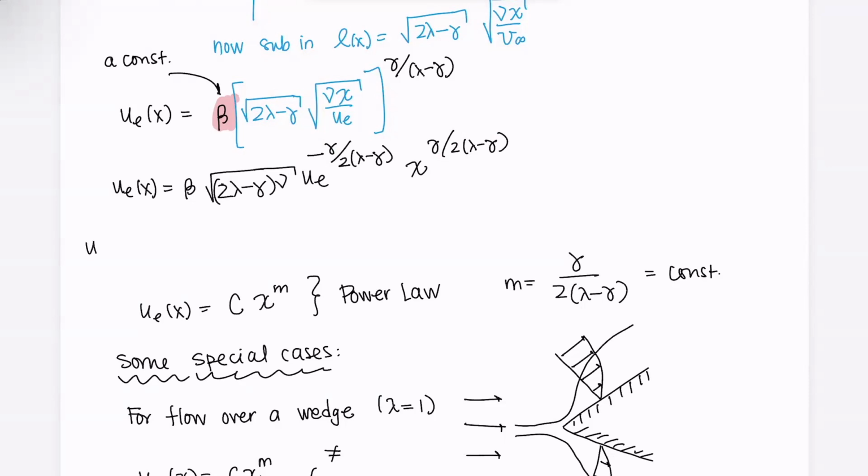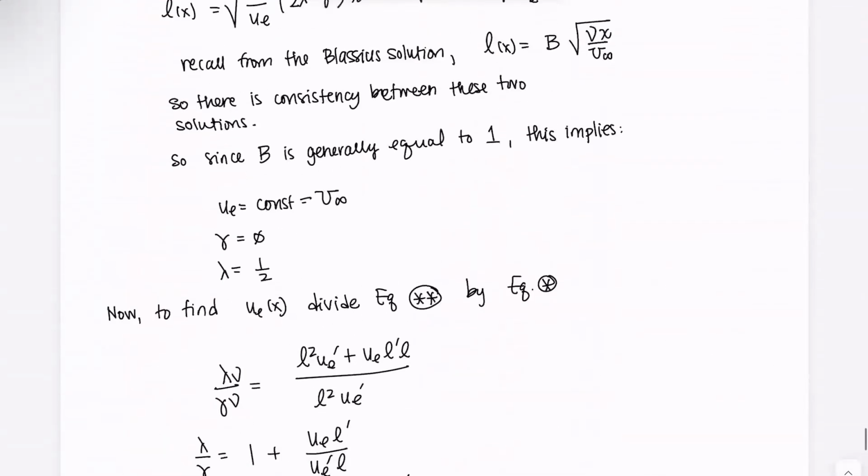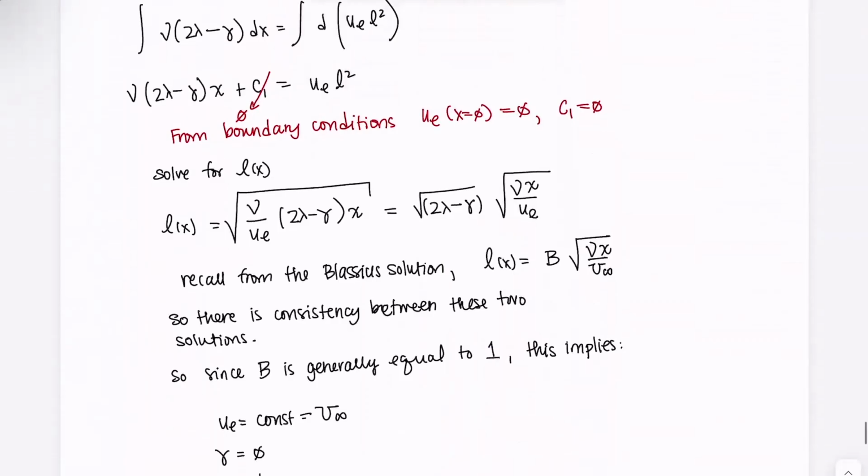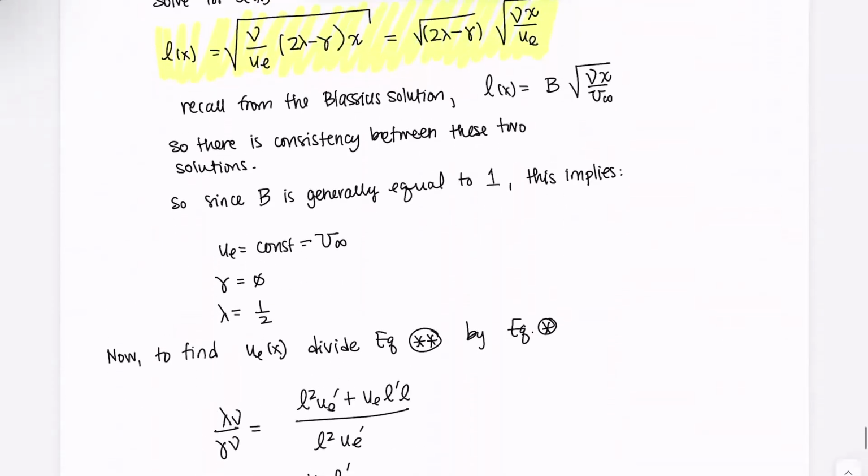So then if I group the UEs, get back to UE again. Oh, I got that. Oh, sorry, yes. So back here, wait, where was it? Back here, this is our definition of L of X. Is this guy. Right. And I substituted in UE, I accidentally substituted in this, but that's just for the Blasius solution. Does that make sense?